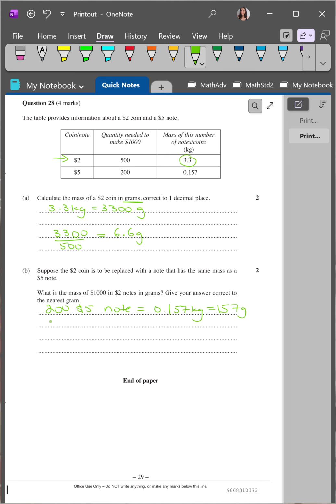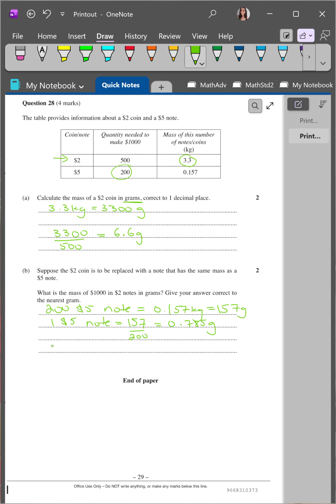Okay, so therefore for one $5 note, that is 157 divided by 200, right? Because it takes 200 in order to create this mass of 0.157 kilograms. And that equals 0.785 grams.